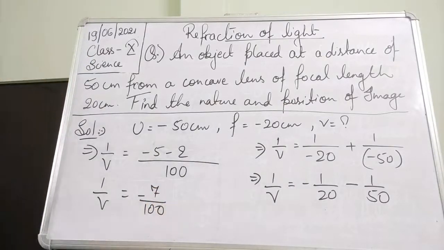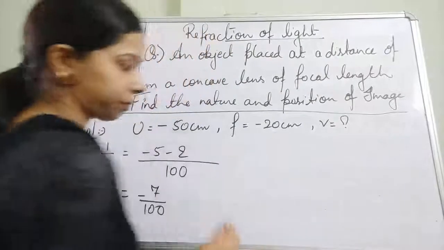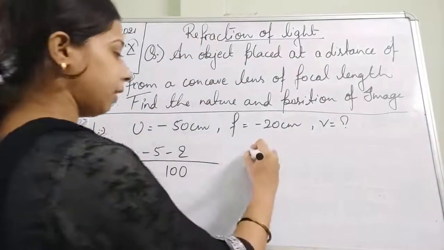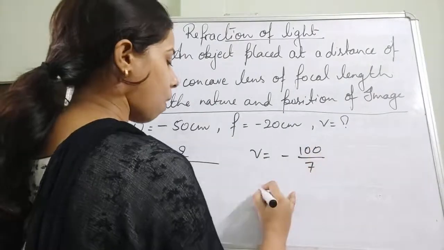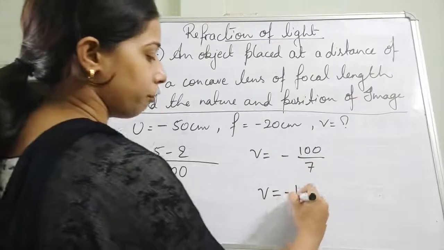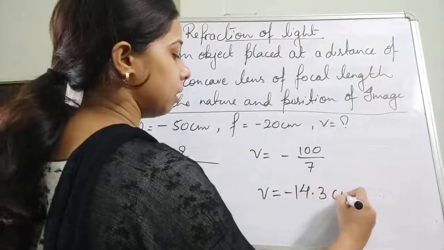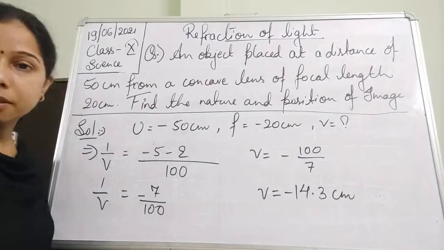We can also write v is equal to minus 100 upon 7, or v is equal to minus 14.3 centimeter.